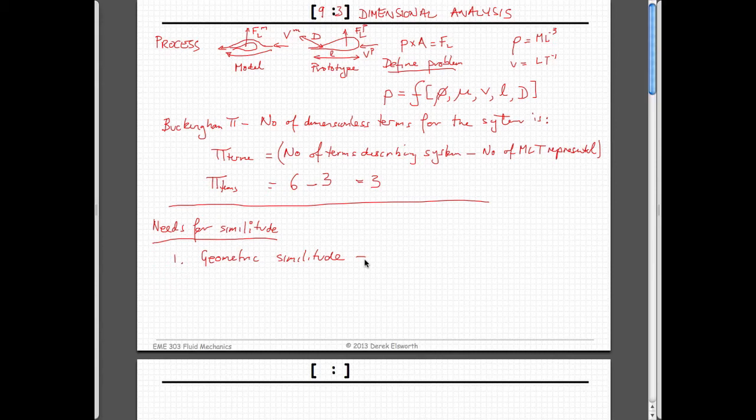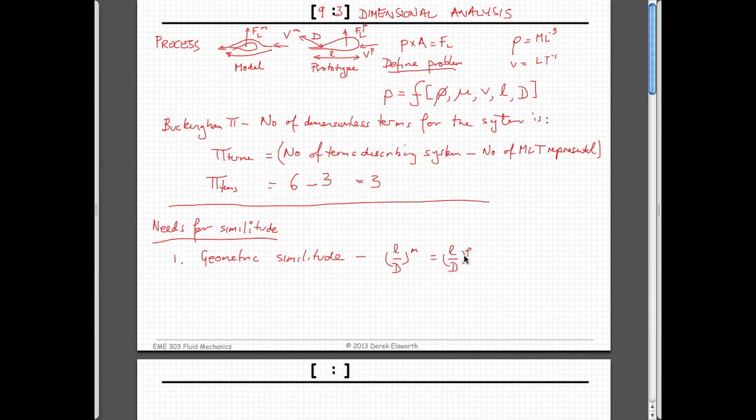So if you shrink the wing down by tenfold, then it should be 10 times thinner. The web of the wing should be 10 times less. The span of the wing should be 10 times less. So I suppose that's saying that in our particular case, the length to span of our model is exactly the same as the length to the span of our prototype.